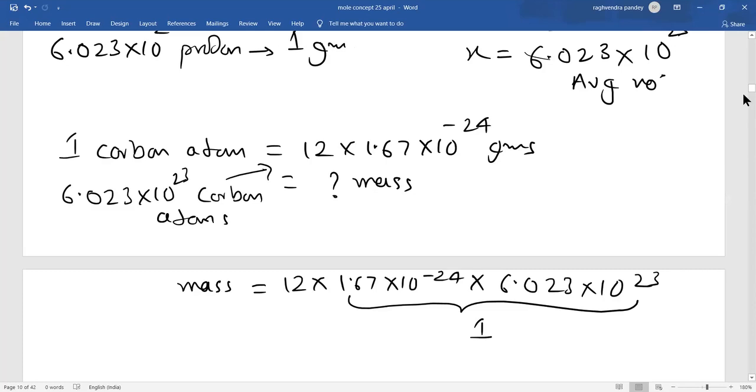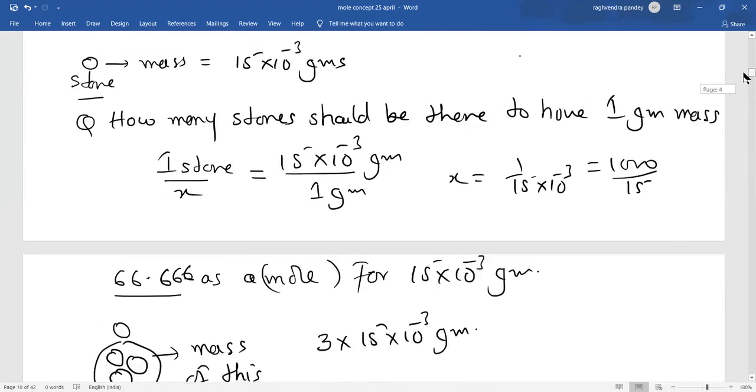Approximate value will be 0.999, but we are taking it as 1 because it's approximately close to 1. So what will be the mass? It will be 12 grams. Everybody understood that one? So why did I tell you the concept of stones here?